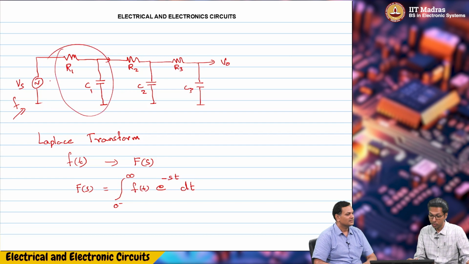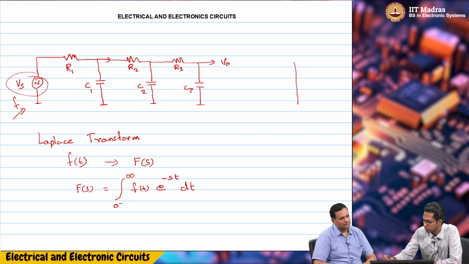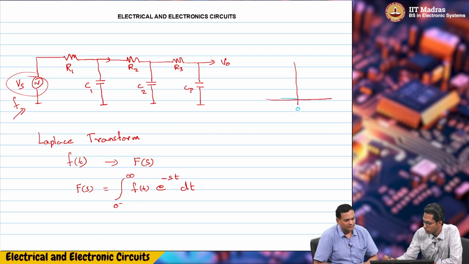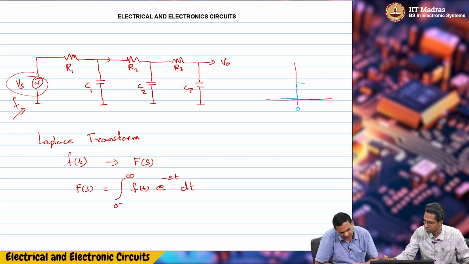Or for example, let's say this signal Vs instead of a sine wave is a waveform like this. This is time t equal to 0. Until 0, it is 0. And then it goes up, and from then onwards it's constant. It's a step.